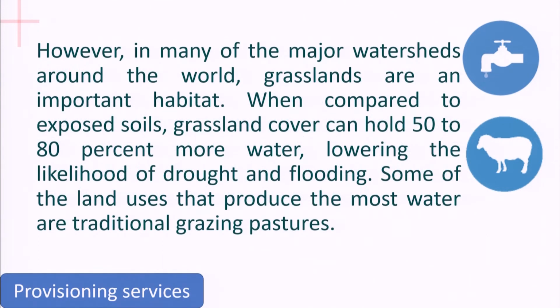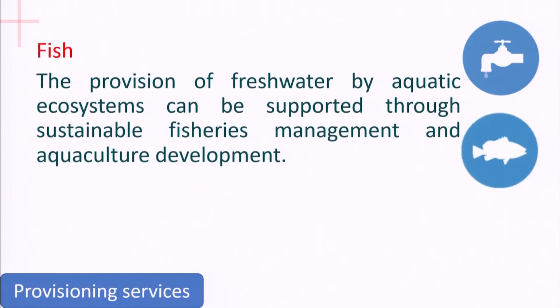However, in many of the major watersheds around the world, grasslands are an important habitat. When compared to exposed soil, grasslands can hold 50 to 80% more water, lowering the likelihood of drought and flooding. Some of the land uses that produce the most water are traditional grazing pastures. Next, coming to fish.